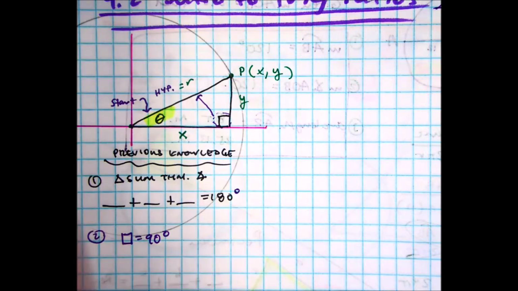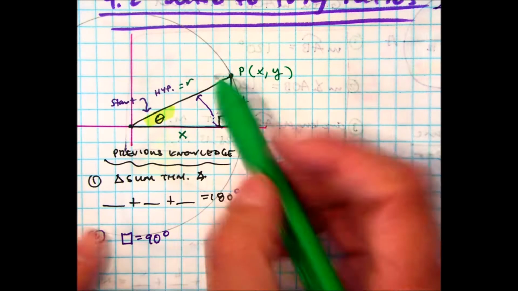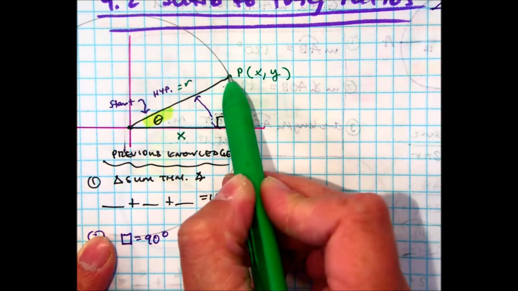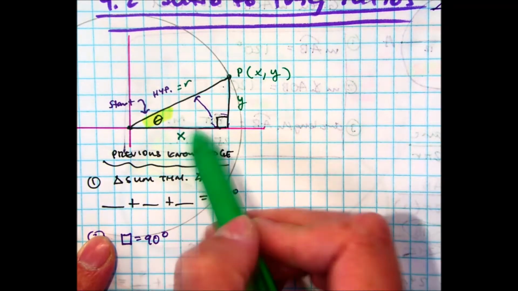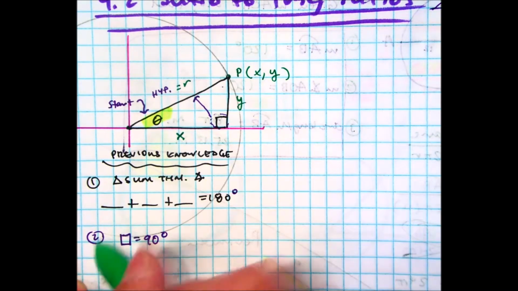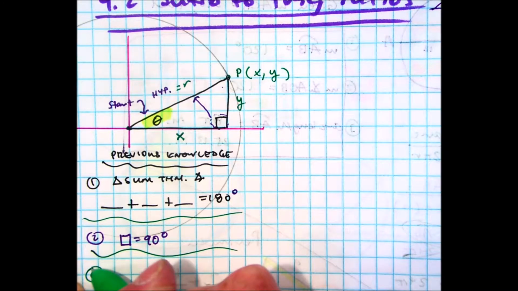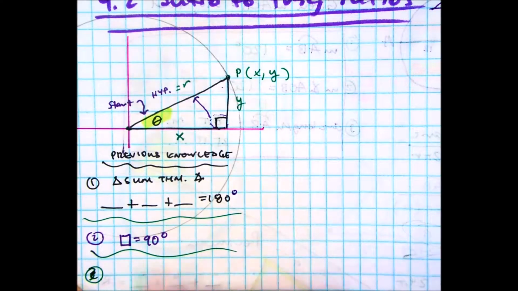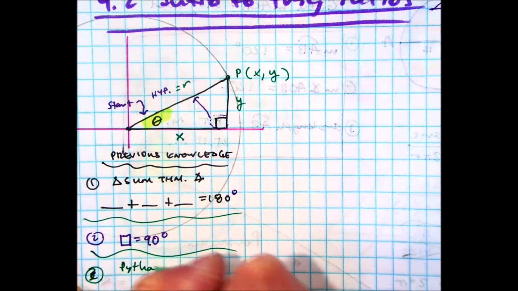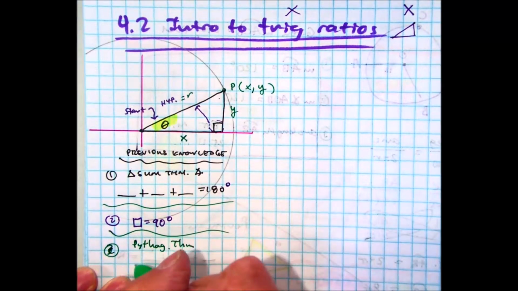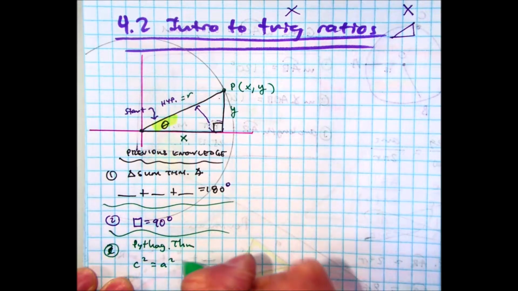Well, let's just say I want to know the distance from this point to this point. In a right triangle, I can use the side lengths. So previous knowledge, you can use the Pythagorean theorem. But the Pythagorean theorem, we normally had said a squared plus b squared equals c squared, or I'm going to write it this way.